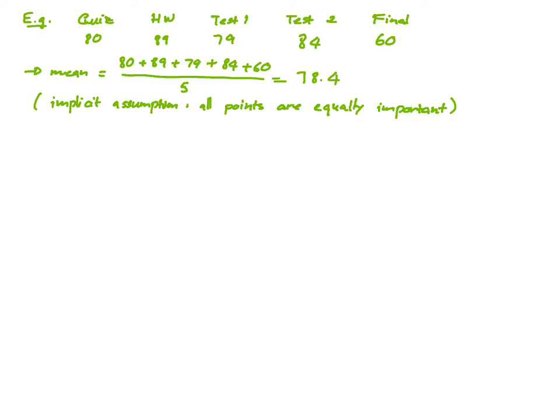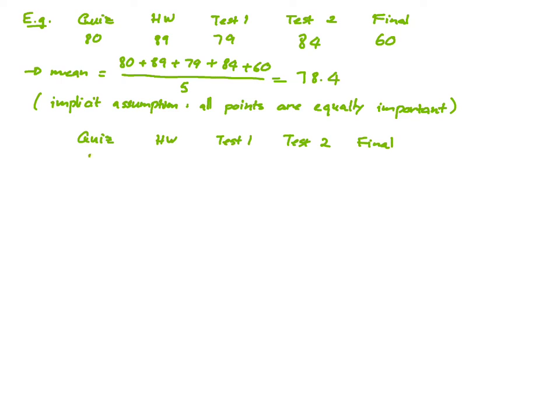In other words, a point you got on the quiz is not the same as a point you got on the homework, which is not the same as a point you got on the test, and so on and so forth. So that means that there's a weight associated with each of these categories: quiz, homework, test 1, test 2, and then final.